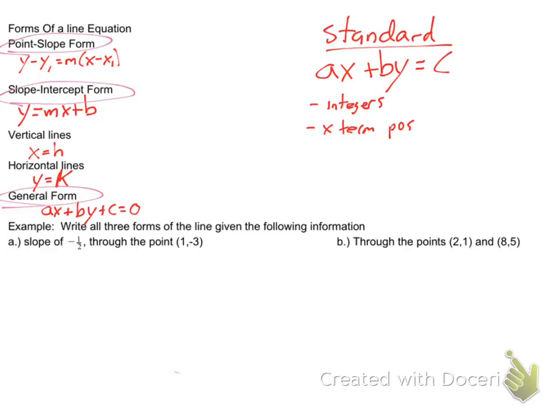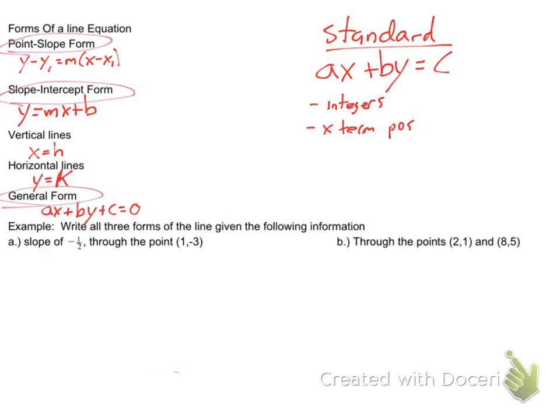I want point-slope form, slope-intercept form, and general form of a line that has a slope of -1/2 and goes through the point (1, -3). I'll give you a couple seconds to try that on your own. When we're talking about general form, make sure that the same rules apply from standard form. Positive x value and integers for coefficients.